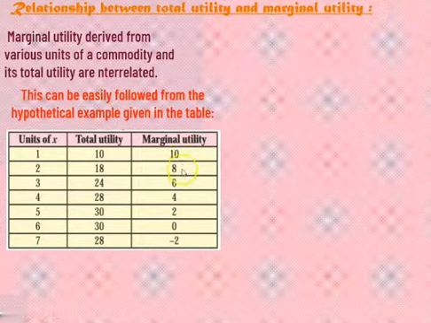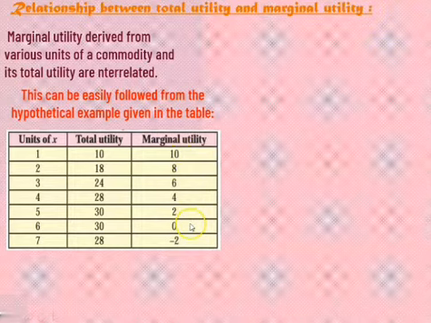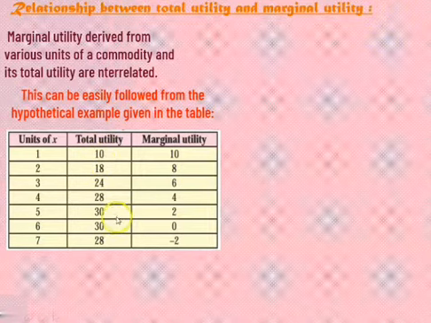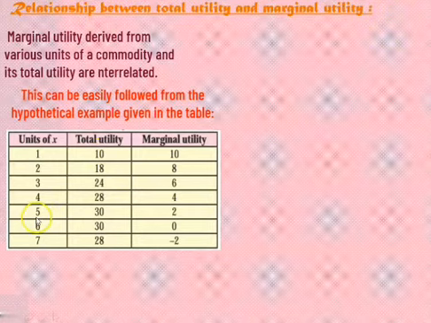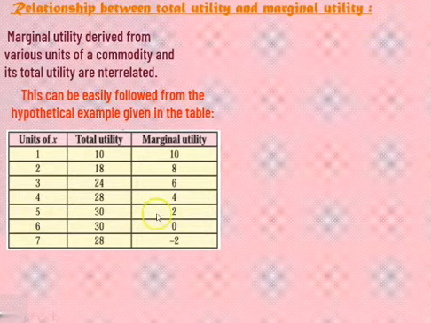It means the satisfaction from each additional unit of commodity X decreases, while the total utility increases: 10 plus 8 is 18, 18 plus 6 is 24, and so on. When the person has consumed the fifth unit of pizza, the satisfaction from the fifth unit is 2, and the total utility is 28 plus 2, which is 30.